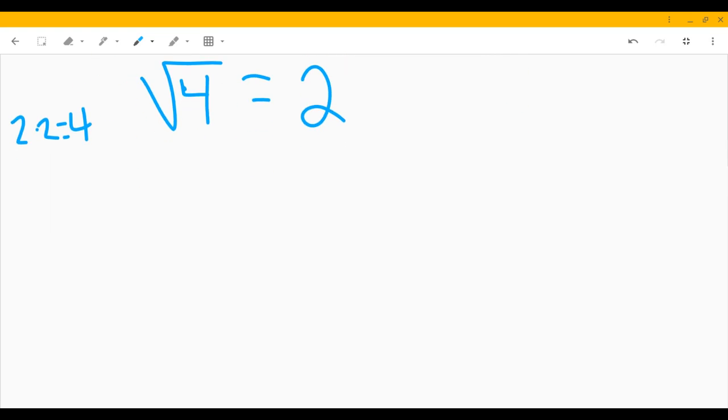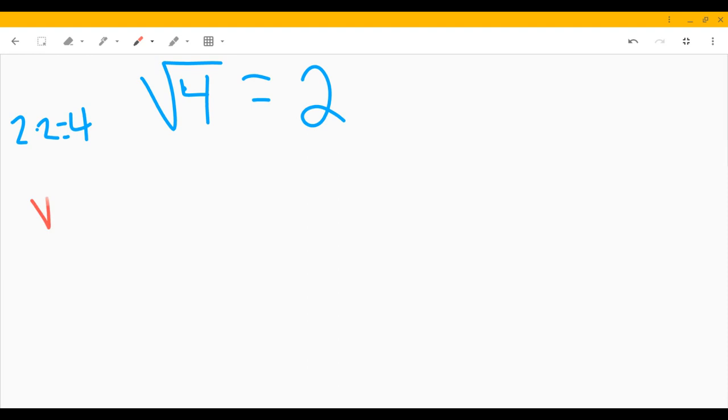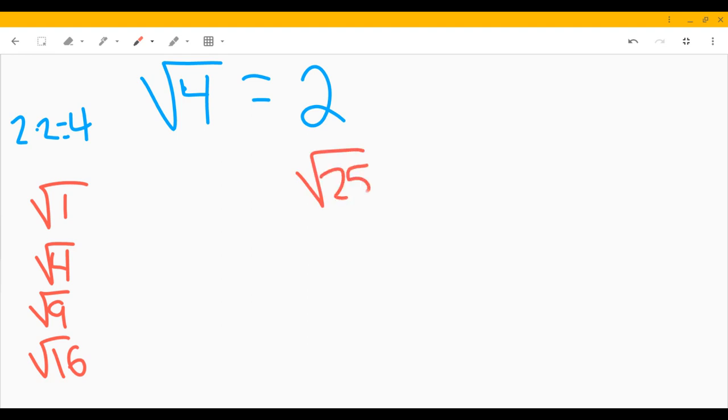Now, there are some radical numbers or square roots that we know give us nice, clean, whole numbers. That would include square root of 1, square root of 4, square root of 9, square root of 16, square root of 25. But yeah, we're going to keep on going.